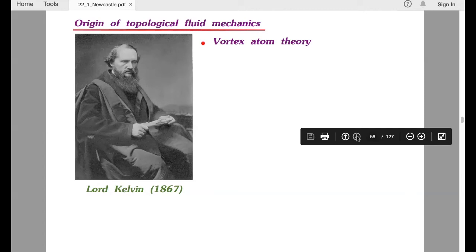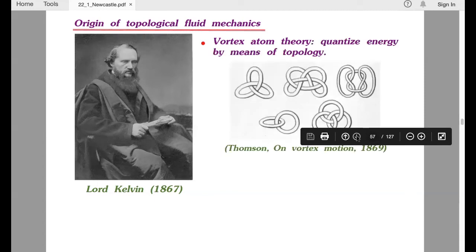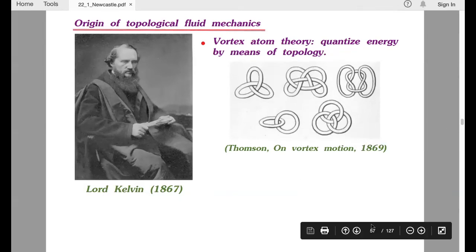He asked for a translation, and the conservation laws of Helmholtz inspired Lord Kelvin, who was in search of a general theory of everything, we would say now, to develop his vortex atom theory. The bottom line of this vortex atom theory was to quantize energy by means of topology. That was really a remarkable thought he had at the time.